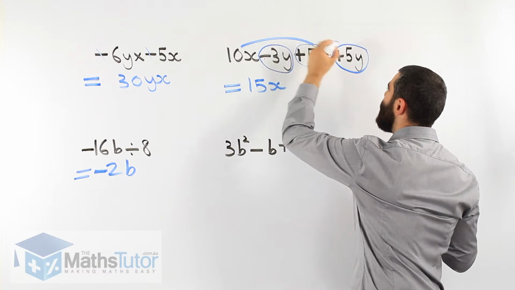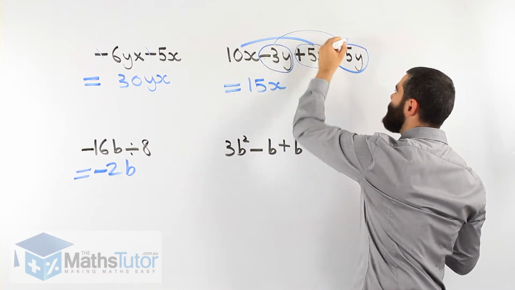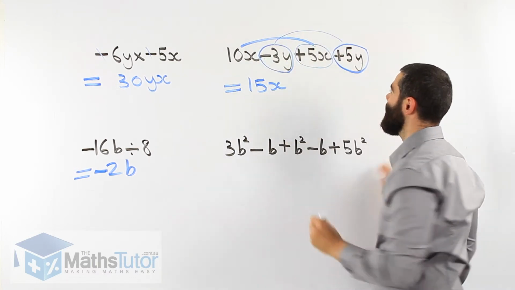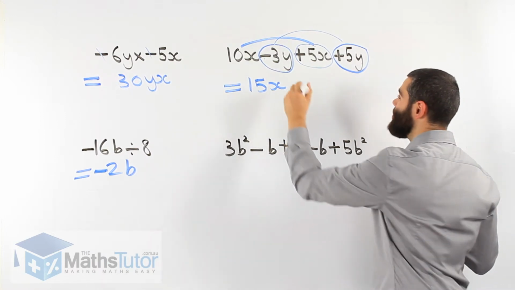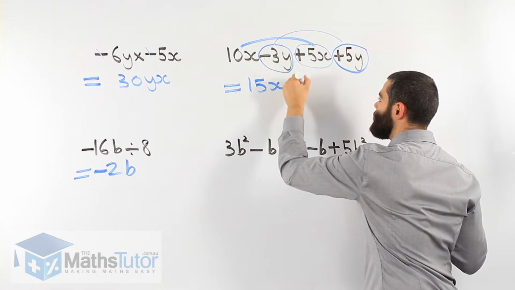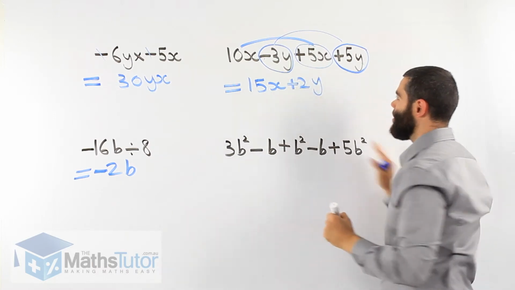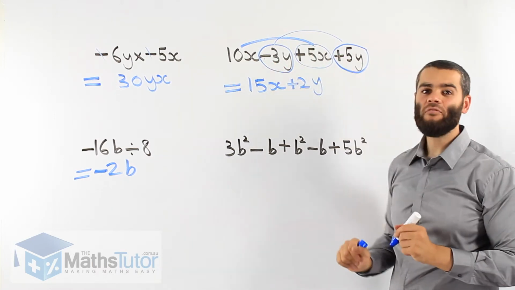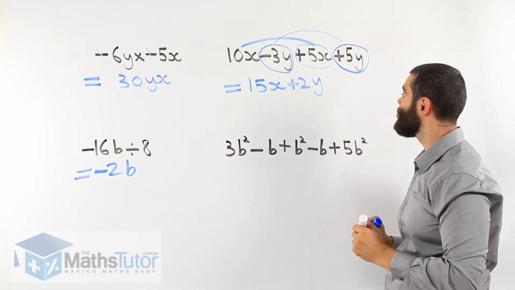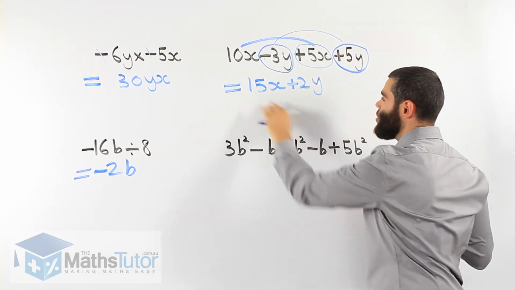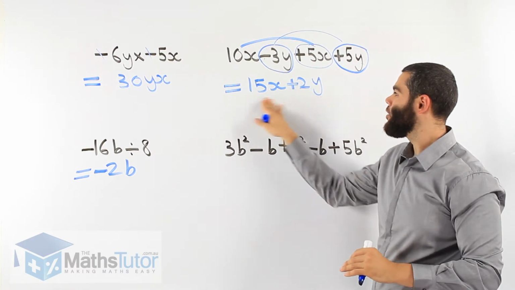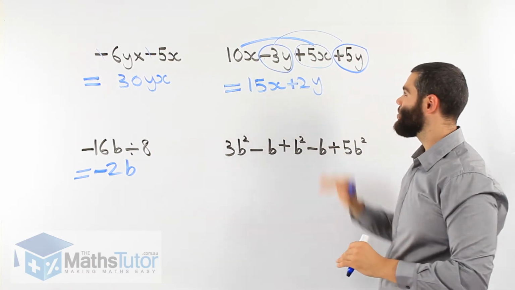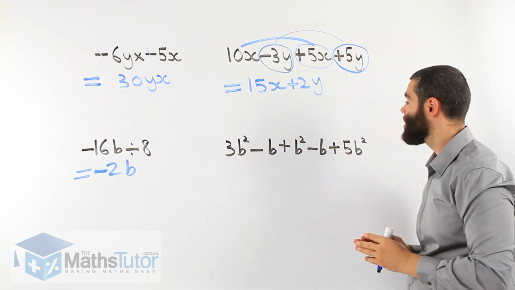Minus 3y and 5y here go together. Minus 3 plus 5 is positive 2y. Are they like terms? No, this is our final answer, 15x plus 2y. We finished there. That's our final solution for that question.